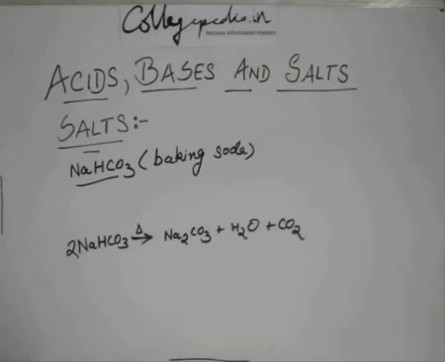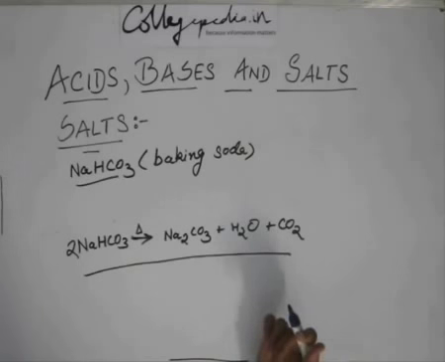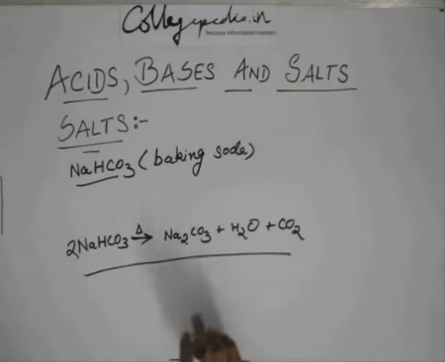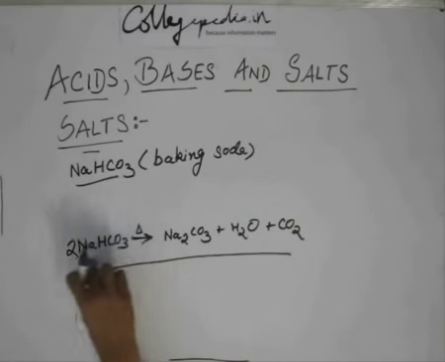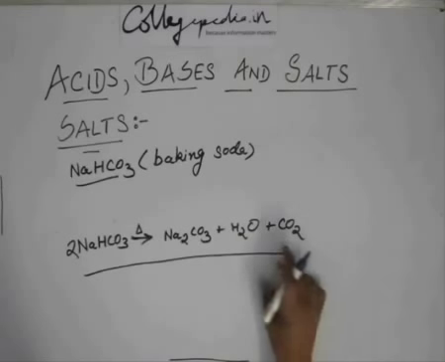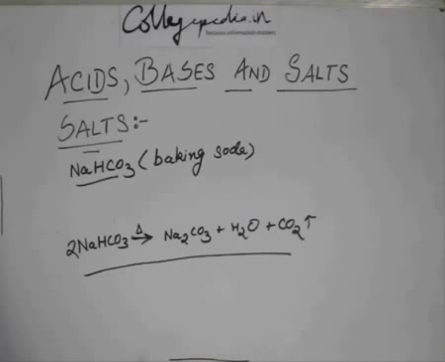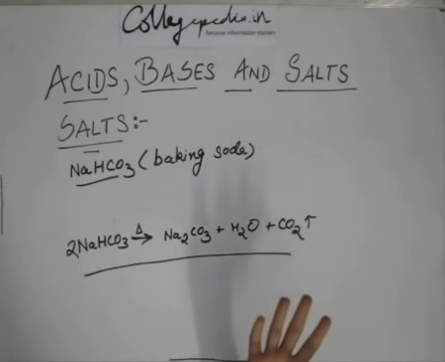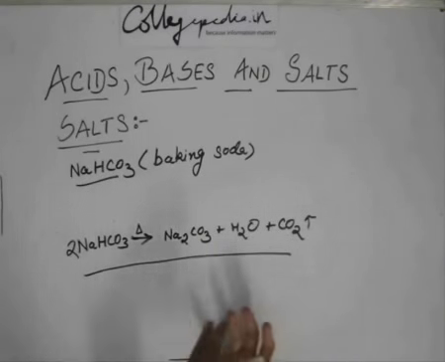Due to this property of NaHCO3, it is used as your baking powder, because you put the NaHCO3 in the cake or the bread which you are baking, and then when you heat it, the heat will decompose the NaHCO3 and form CO2, which will rise, and when it rises it will make the cake rise also, and hence it will make the cake fluffy.